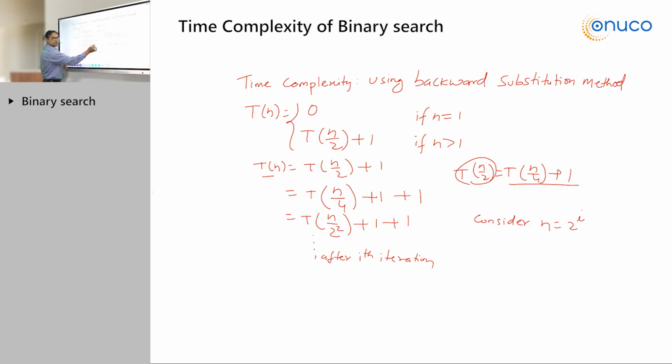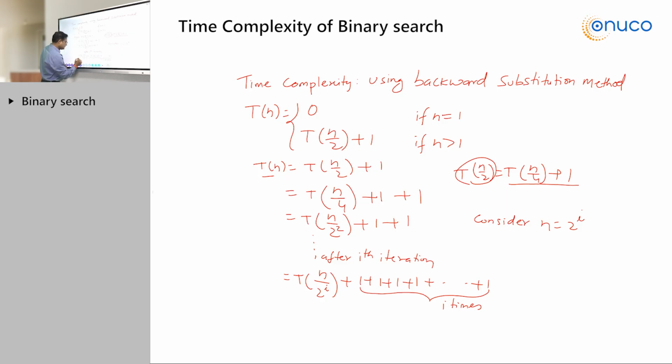Hence, we can get T of n divided by 2 power i plus 1 plus 1 plus 1 plus 1, how many times? i times.